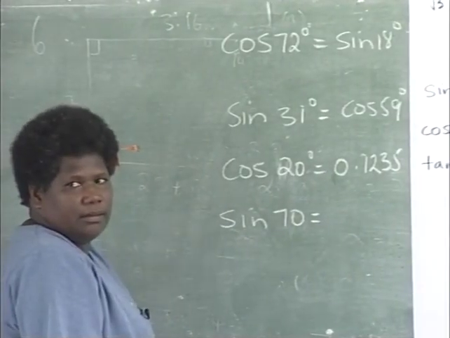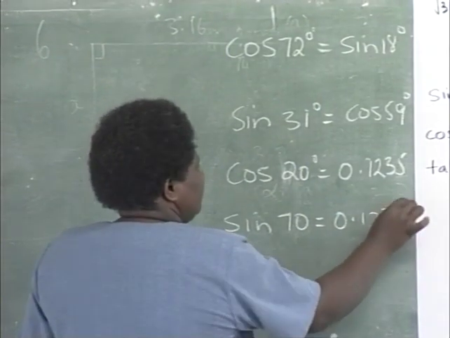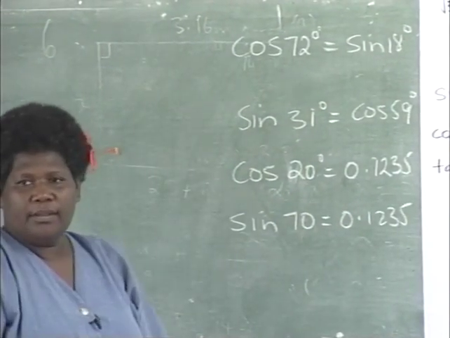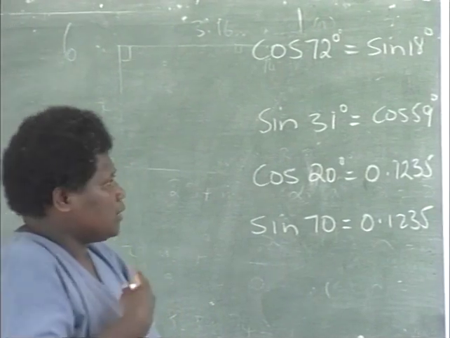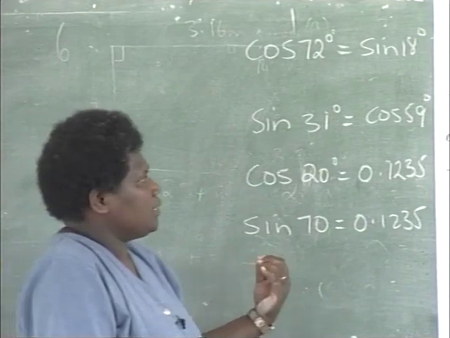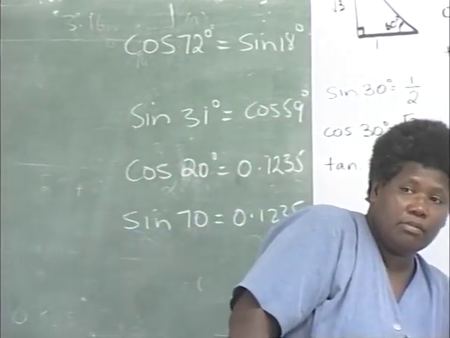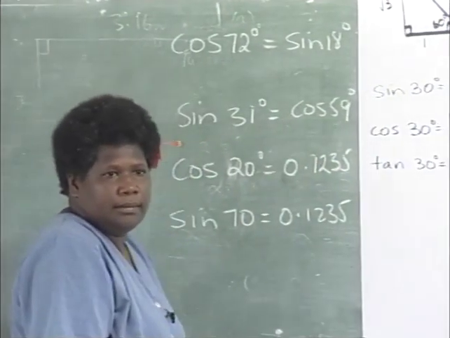It will be the same. Same as what? Cos 20 degrees, 0.1235. Clear? Okay, so this is true only for complementary angles. Their sine and cosine will be exactly the same, and their tangent will be the reciprocal of each other.